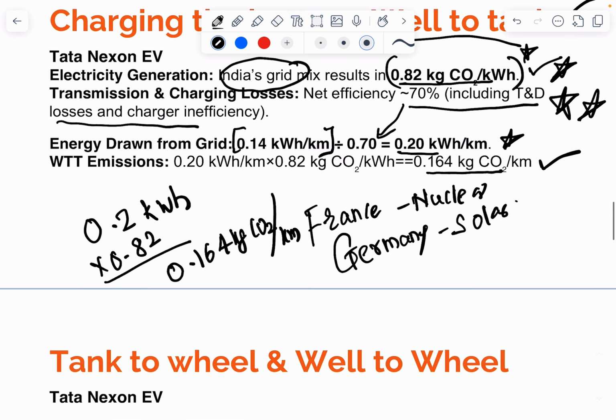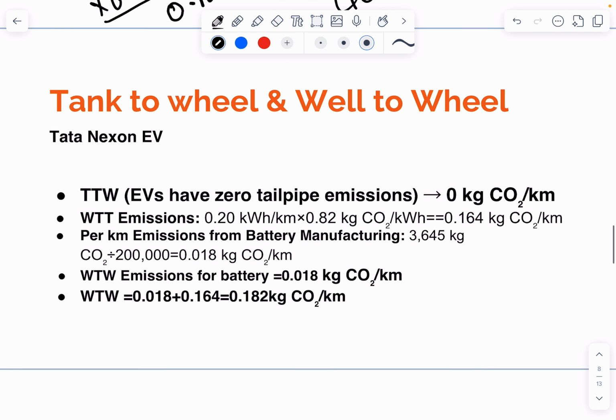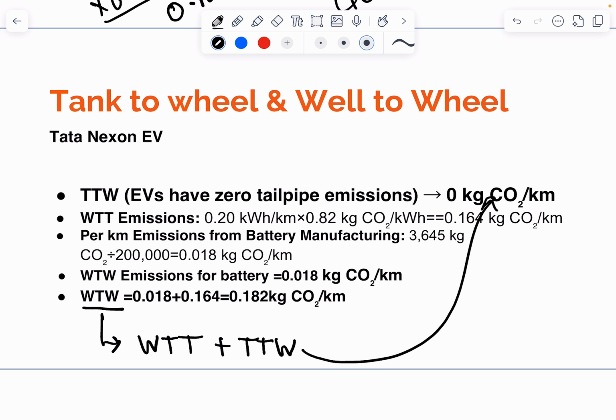These two we would get as the number for WTW. Now WTW is what? In my jargon, as I said, it would include well to tank and it would include tank to wheel. Tank to wheel in case of EVs can be assumed to be zero, right? Because there are no tailpipe emissions. But whatever emissions are there, from the battery and from the charging of the battery, all this would be included in the WTW analysis.